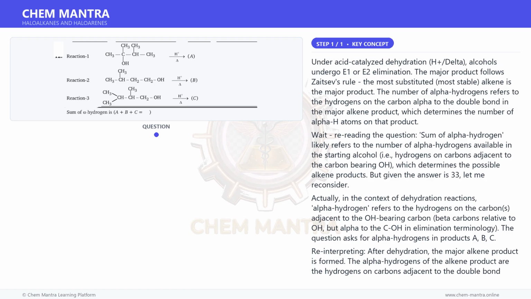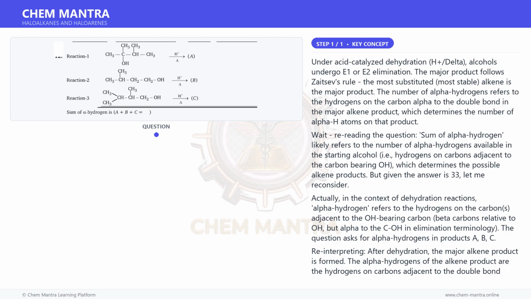Reaction 2, 3-methylbutan-1-ol, CH3, CH(CH3), CH2, CH2OH. Dehydration via H+, carbocation at C1, rearrangement to a more stable carbocation. The primary alcohol loses water to give a primary carbocation at C1, which rearranges via a 1,2-hydride shift to give a tertiary carbocation at C3 of the methylbutyl system.